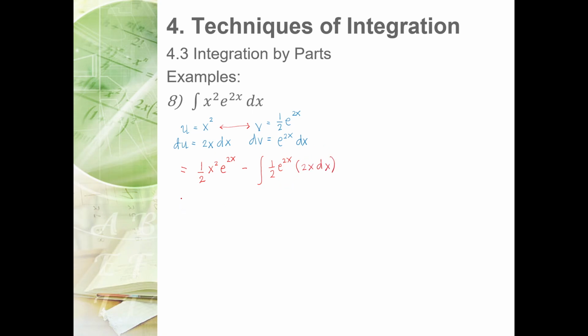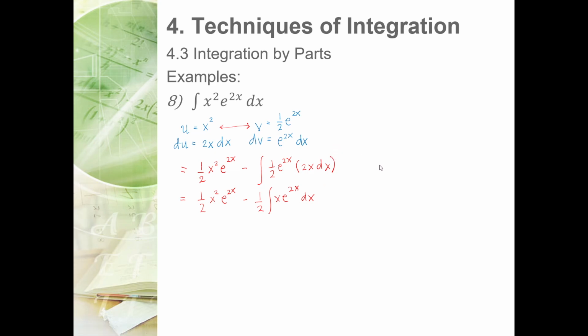Okay, so rearranging it again. So x squared e raised to the power of 2x minus 1/2 the integral of x e raised to the power of 2x dx. So take note that it's still a product of two different functions, x and then exponential 2x.